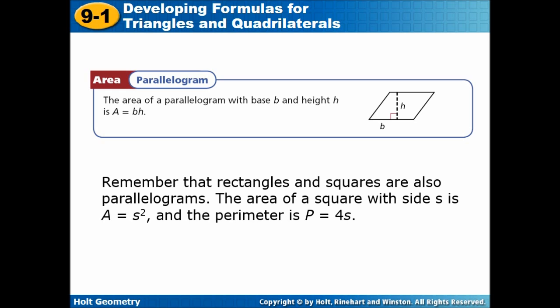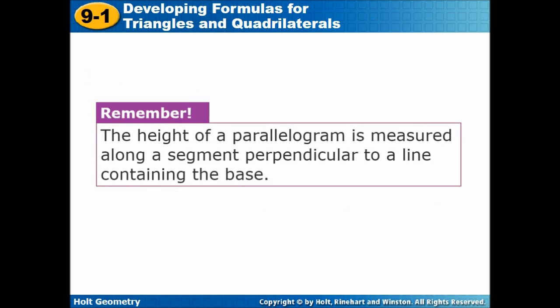So the area of a square, as we know, with a side of S is area equals S squared. And the perimeter equals 4 times S, or 4 times sides. Now we use S because, again, with a square, since all of the sides are the same measure, we can just use the one variable S for sides rather than have one for base and one for height.